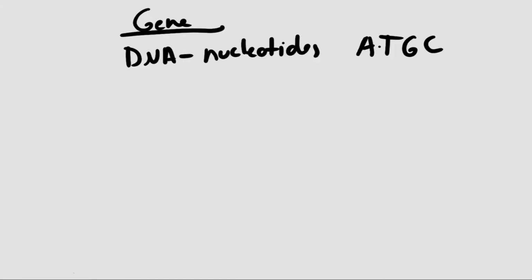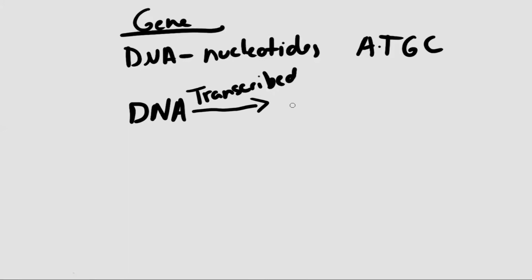And this will lead us to what is known as the dogma of genetics. And by the dogma, we mean how we get from a DNA coding to whatever trait you are expressing. And this is done in 3 steps. So you have your DNA to begin with. So whatever strand of DNA you have in your gene, or whatever strand of nucleotides you have in your gene, those are going to be transcribed, meaning copied, into RNA.